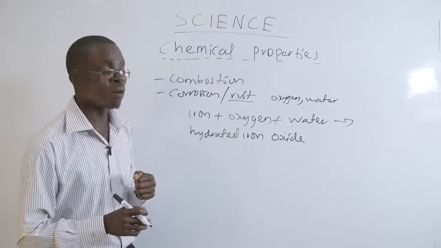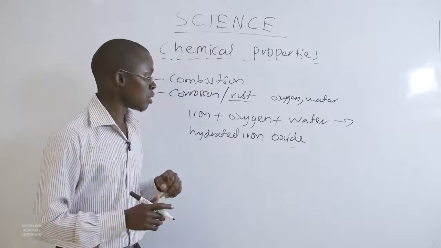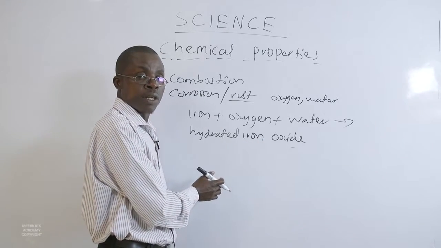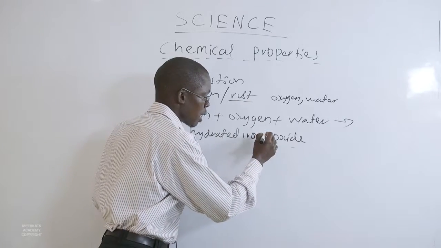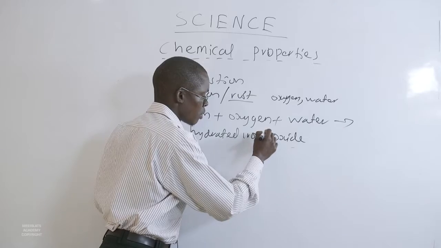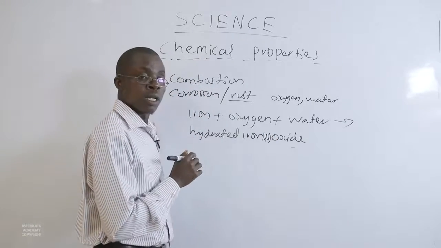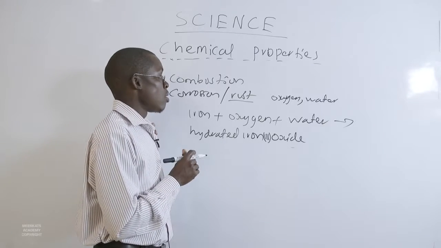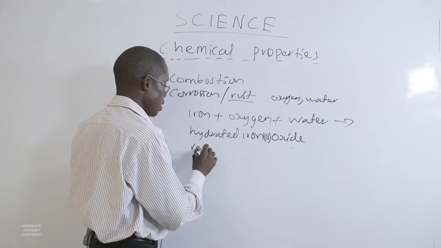So even this iron has two oxidation numbers. We have iron 2 and iron 3. What we have in rust is iron 3 oxide, and it is the one that gives rust its characteristic color, which is red.